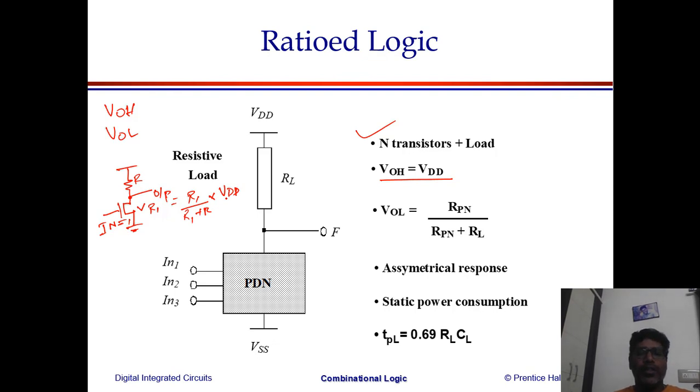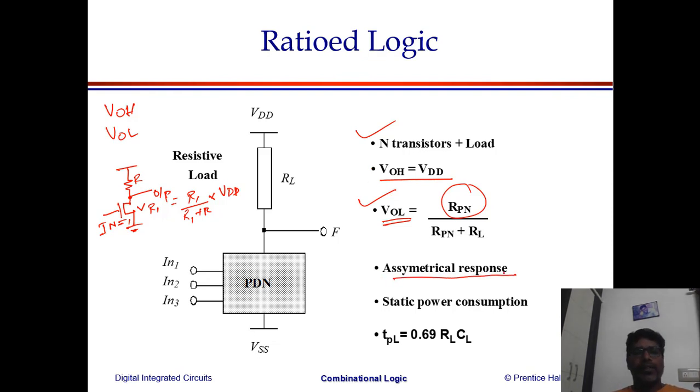That's what we call a ratioed logic. That is, pull down network divided by pull down plus load resistance. And you can expect that's what you are going to have in output low.